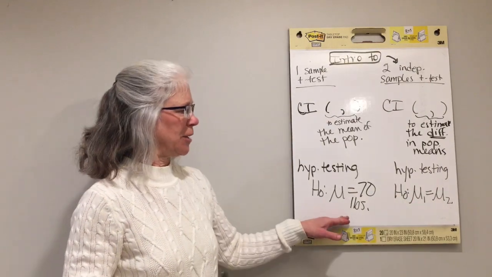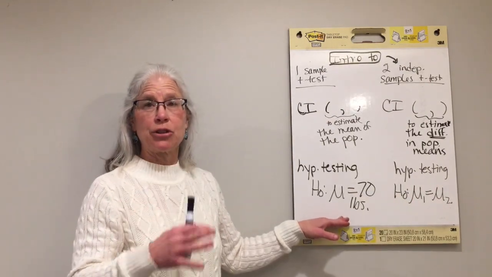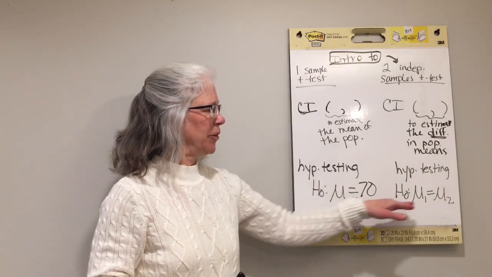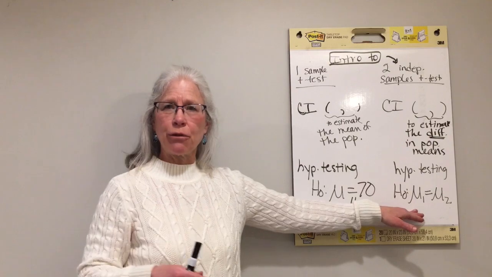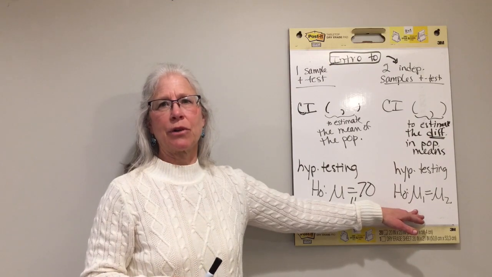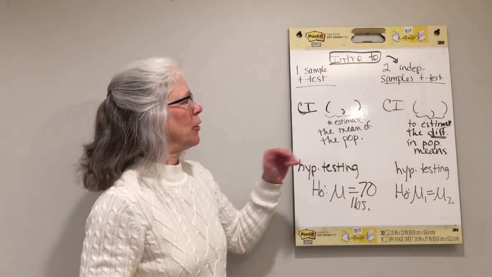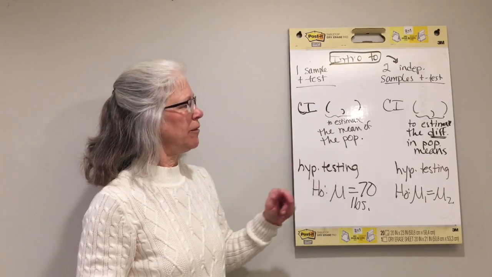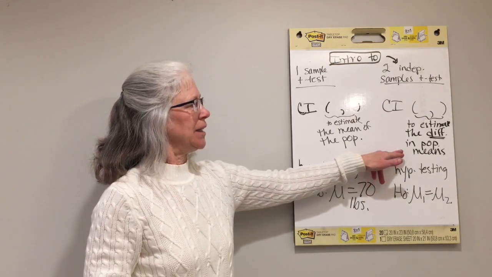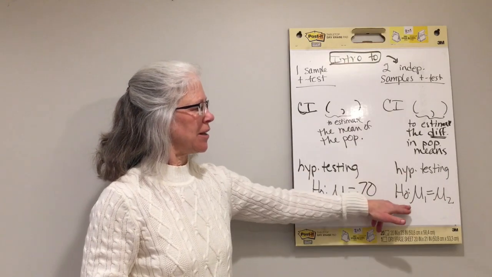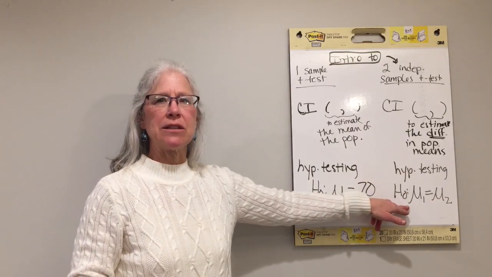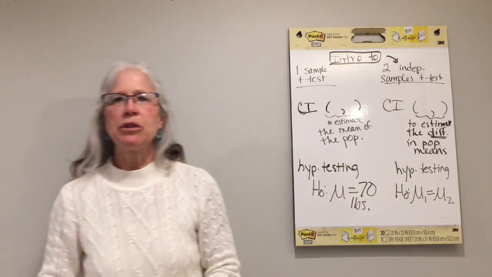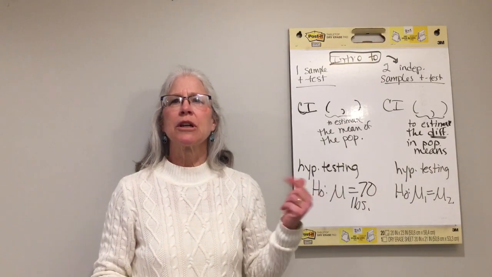And then our alternate can be less than, if we think German Shepherds weigh less, not equal to if we think it's different from, greater than if we think it's greater than. So we're still working with means, but now we are working with two groups instead of one. So our confidence interval is to estimate the difference, and our null hypothesis is that the means of the two groups are the same. So to do a two-sample t-test, we need two groups compared on a mean.